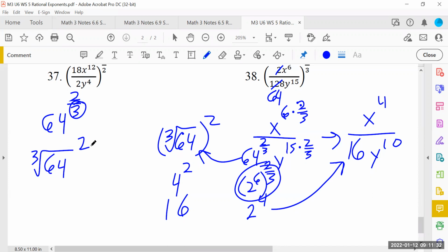Then I actually took the cube root of 64. You break it apart, use a factor tree, you get 4 squared. And 4 squared makes 16. Does that make sense? All right.